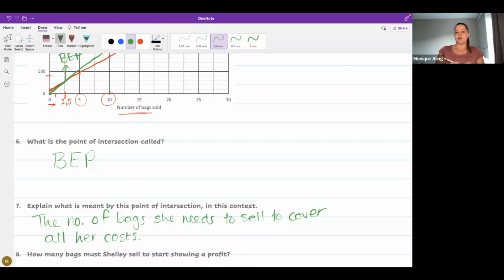Okay, that's one of the first things you think of when you're starting a business: how much do I need to sell just so I can start making my profit? Okay, and then you obviously aim for that at least every month.